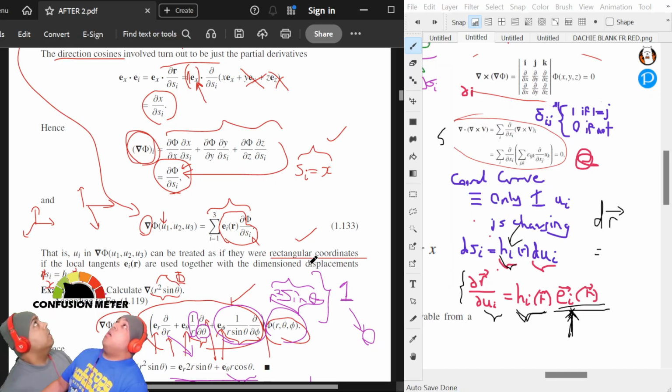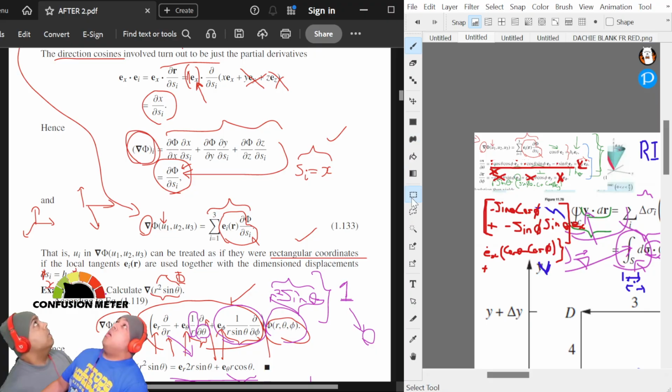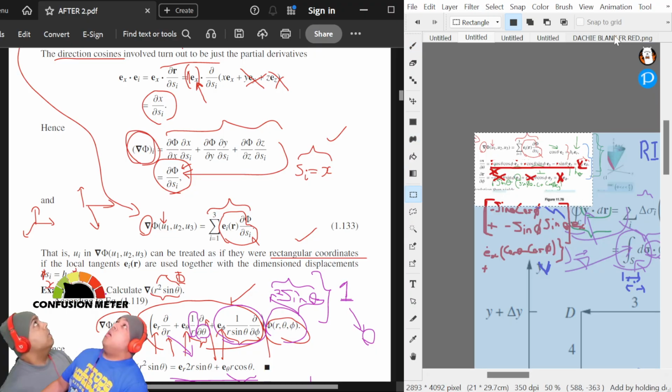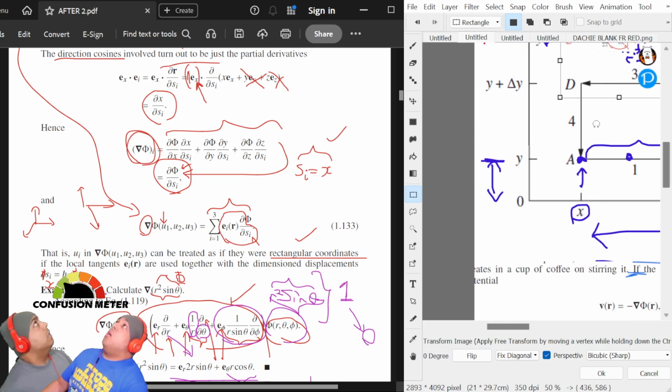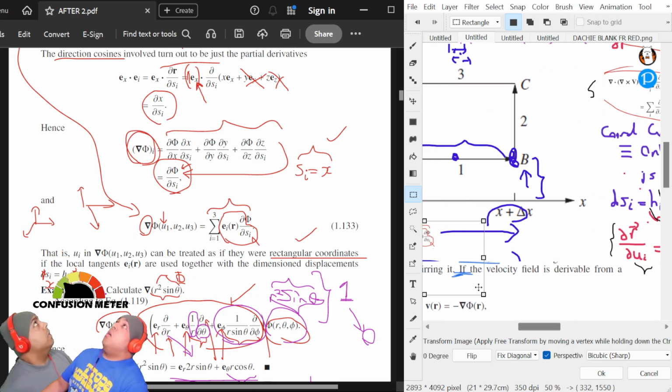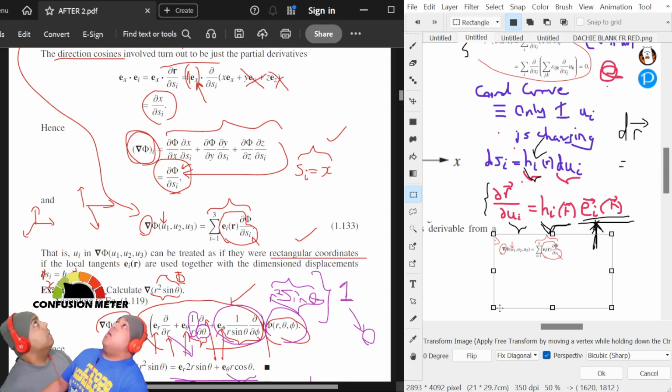Okay, I think this is useful enough that I should screenshot it. Okay, go over here, paste. Transform. Make it a little bigger.